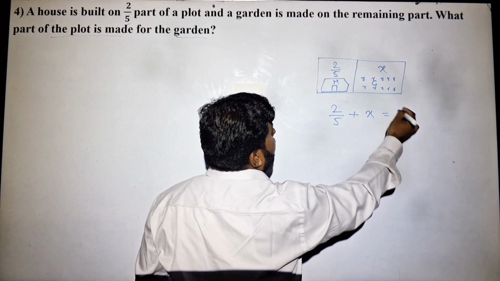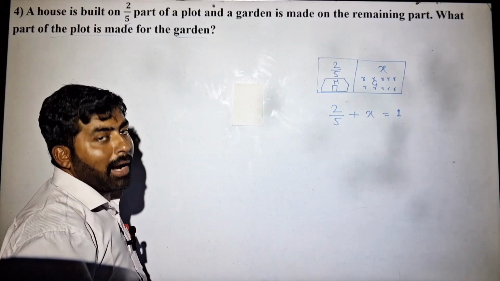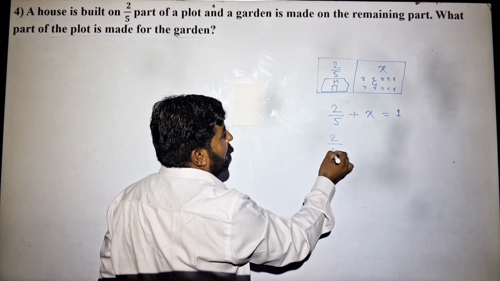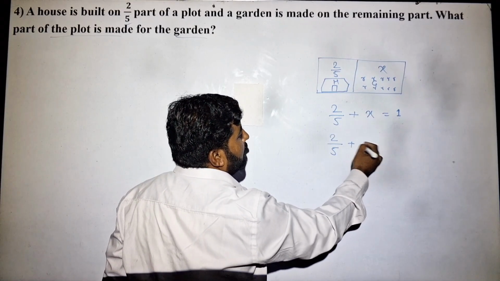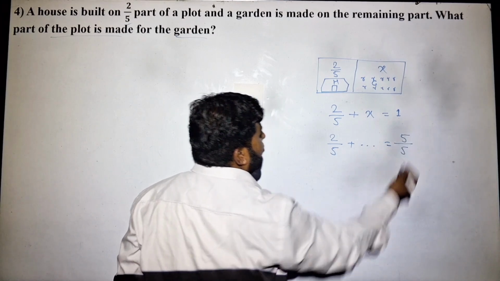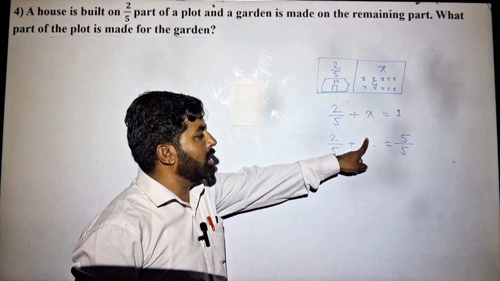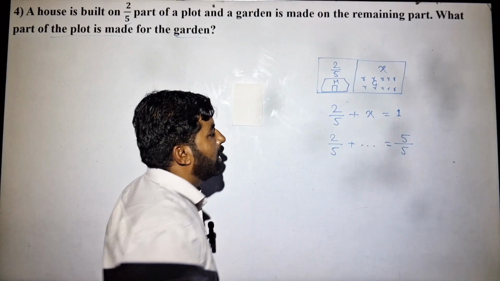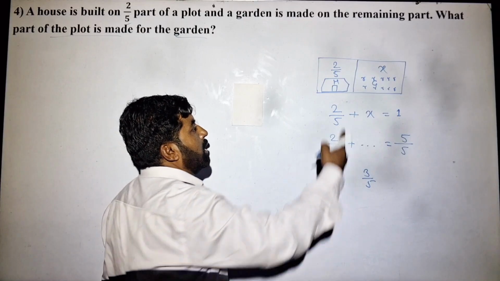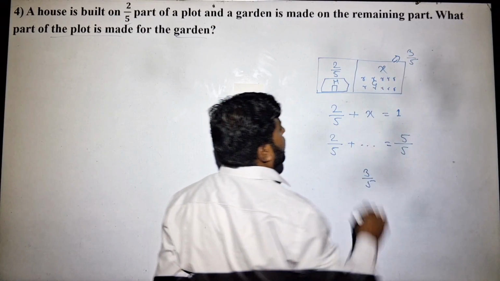Then we get answer 1, because of the whole part. If you add 2 by 5 plus dash is equal to 1. 1 means 5 by 5. The answer is 2 plus 3 is 5. Therefore, the answer is 3 by 5. That means the garden is on the part 3 by 5 of the plot.